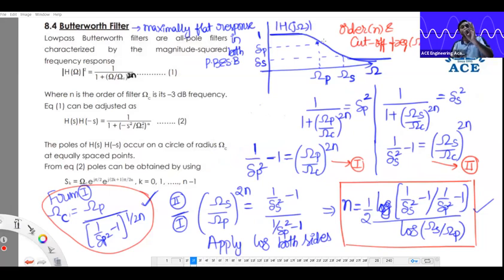Only for your understanding, now I am solving a lengthy problem. Be ready with your calculator. This is not a GATE question, just for understanding. We have learned the formulas, and now I am solving a big question.